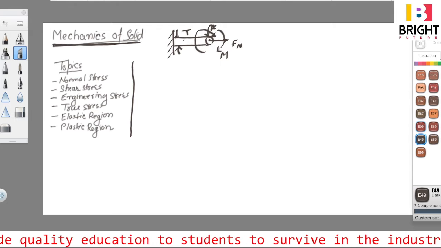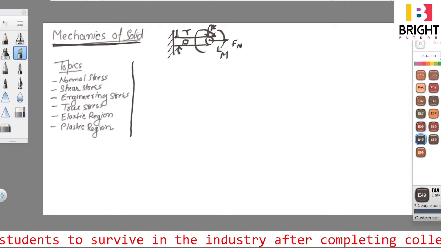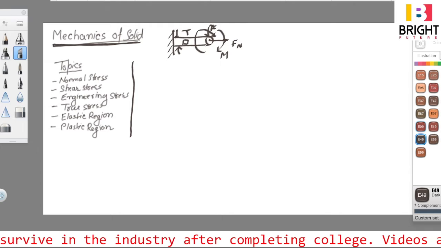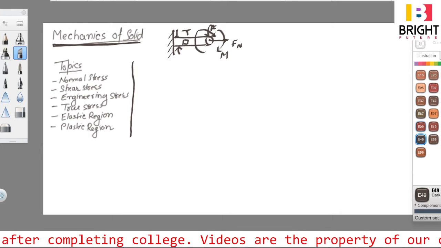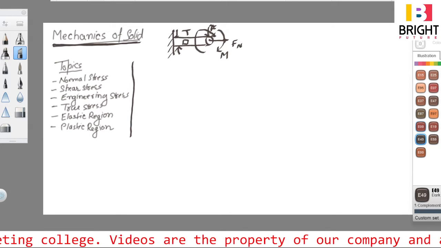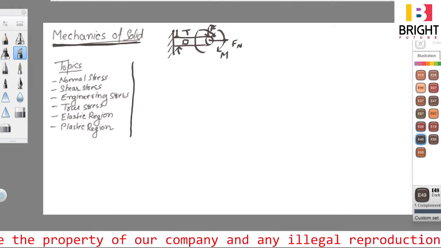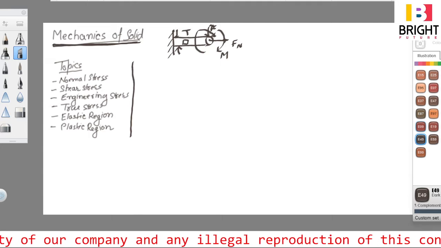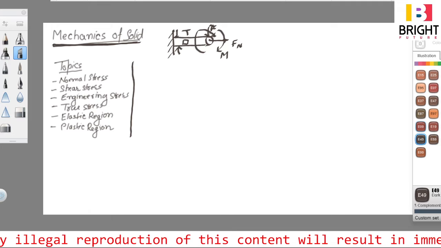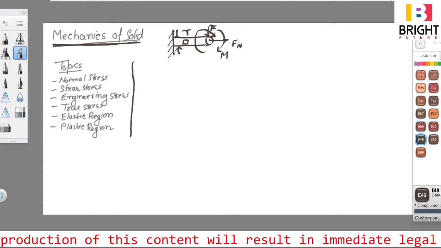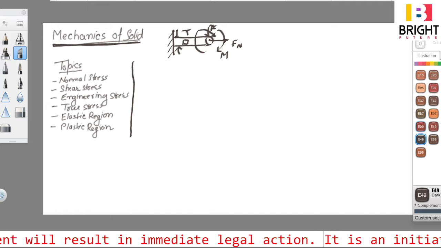So we draw a stress element over this and we analyze this stress element. All these things we will study later in our subject. Now, as this is the beginning of our subject, we should have very strong basics. Otherwise we cannot calculate all these things under the application of different kinds of forces, right? So first of all, our basics should be clear.